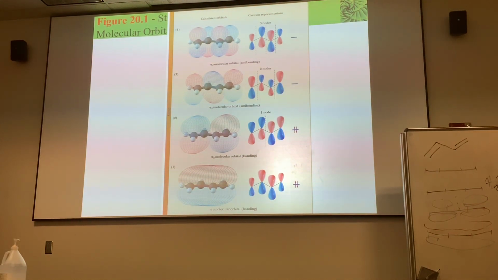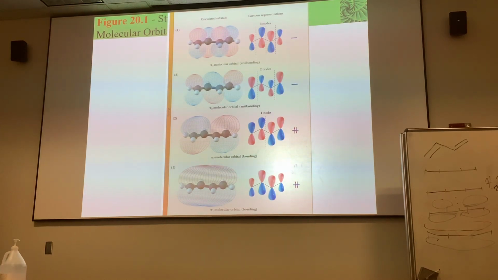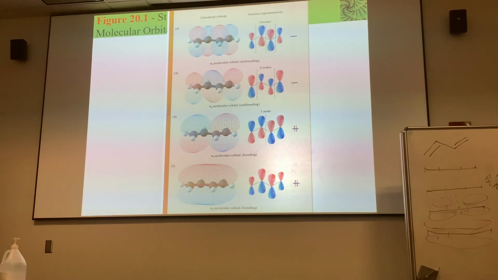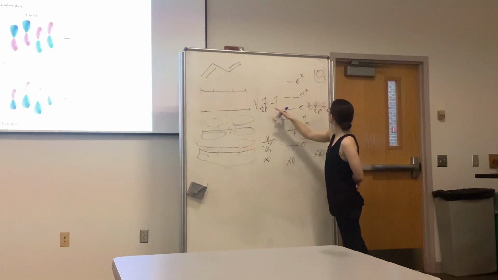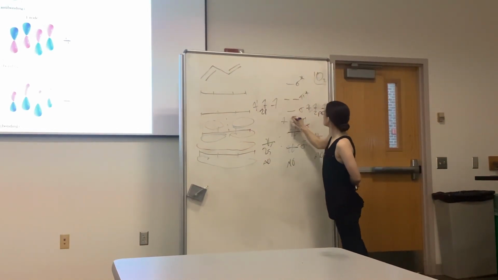When we fill this in, that helps us determine how many bonds are between each oxygen, right? So these are full. 2, 4, 8, 1, 2, 3, 4, 5, 6, 7, 8.